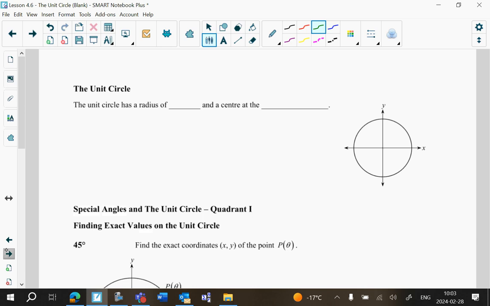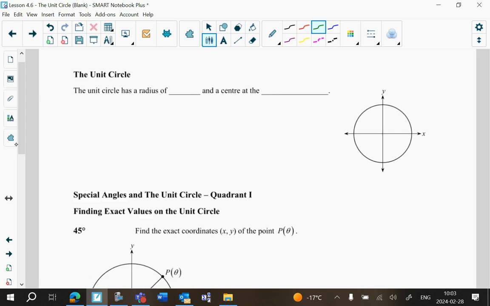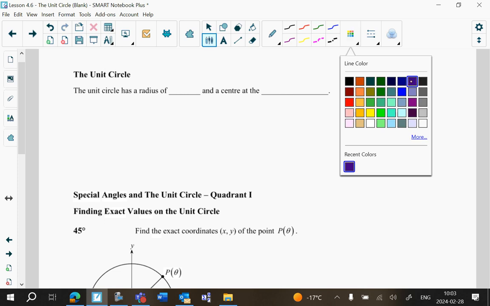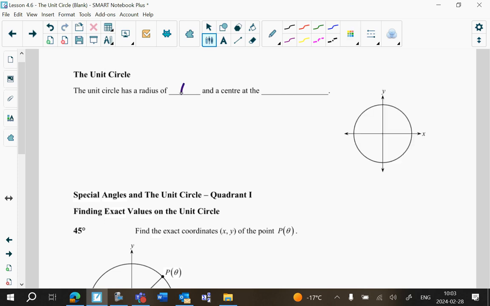Okay, we're going to use something called a unit circle that we're going to put those triangles we just found into. What is a unit circle? A unit circle, well, the word unit means 1, so it has a radius of 1, and its center on a coordinate grid is at the origin.